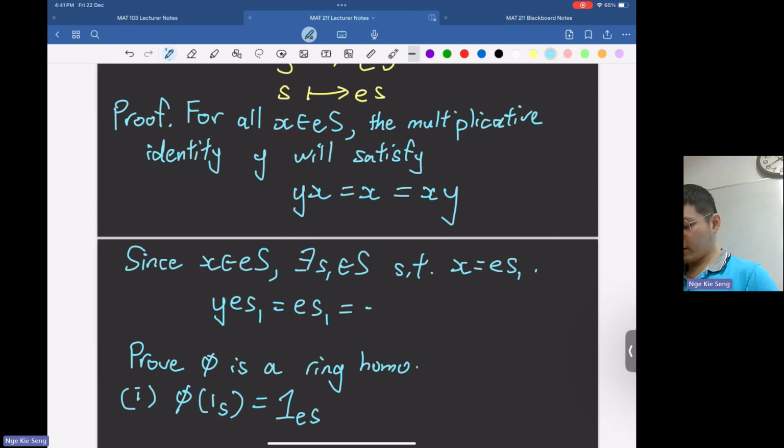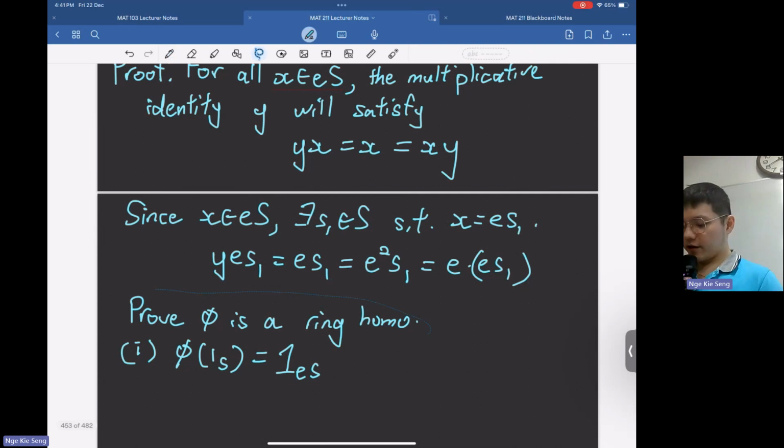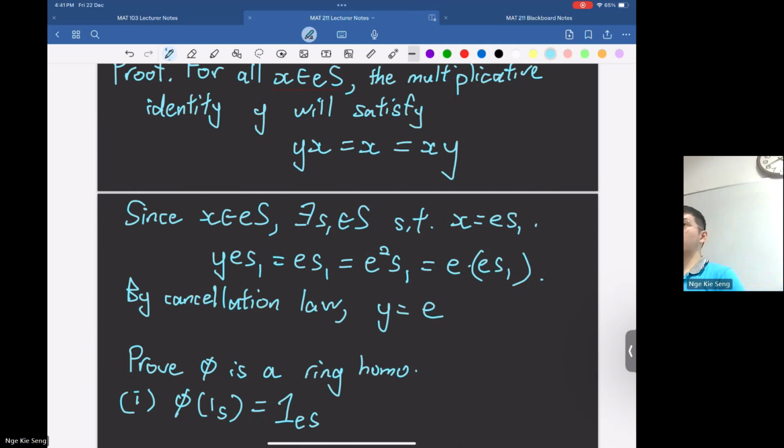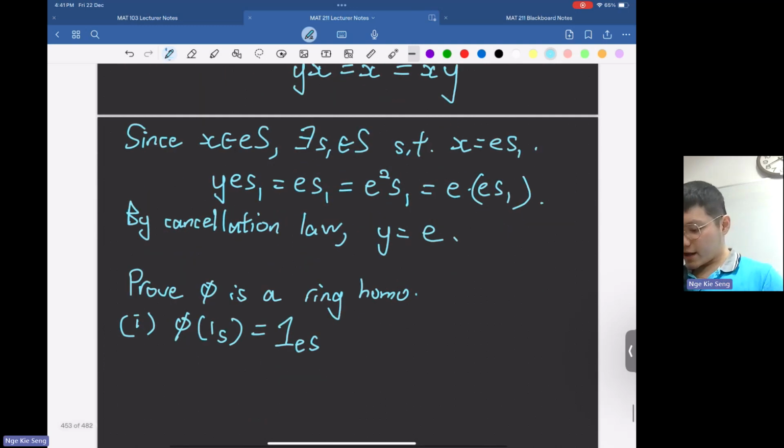Okay, I can regenerate E to become E squared. And then E will do the job. Then you can use the same method of showing the identity is unique, by the cancellation law, y equals E. So actually you need to send the identity in X to E.